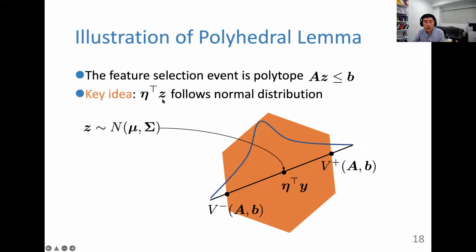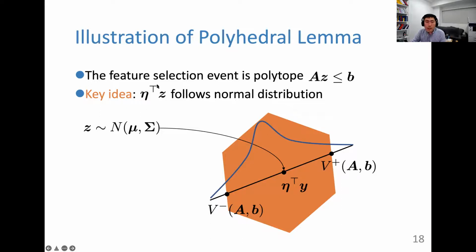Z is the set of HSIC values, and we currently assume it follows a multivariate normal distribution. So this is a linear projection to the 1D space, and because Z is normal, this is also a normal distribution in 1D.